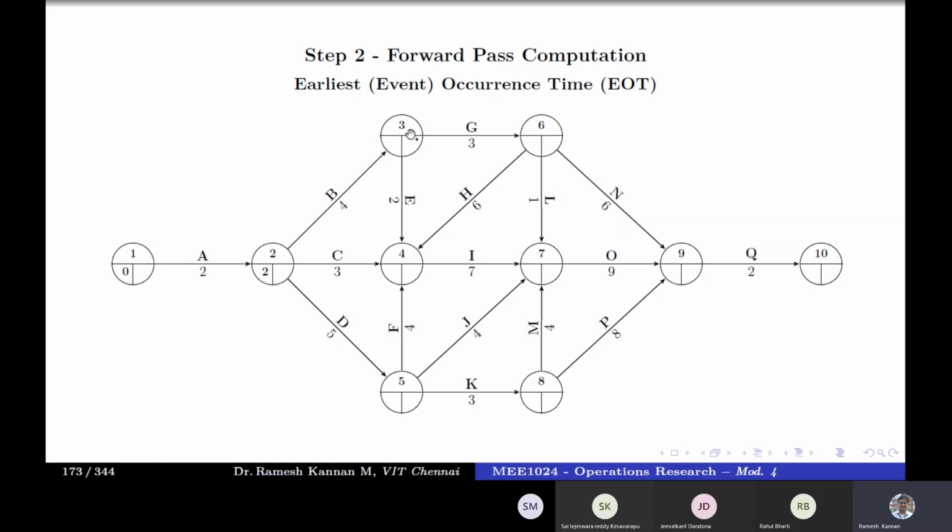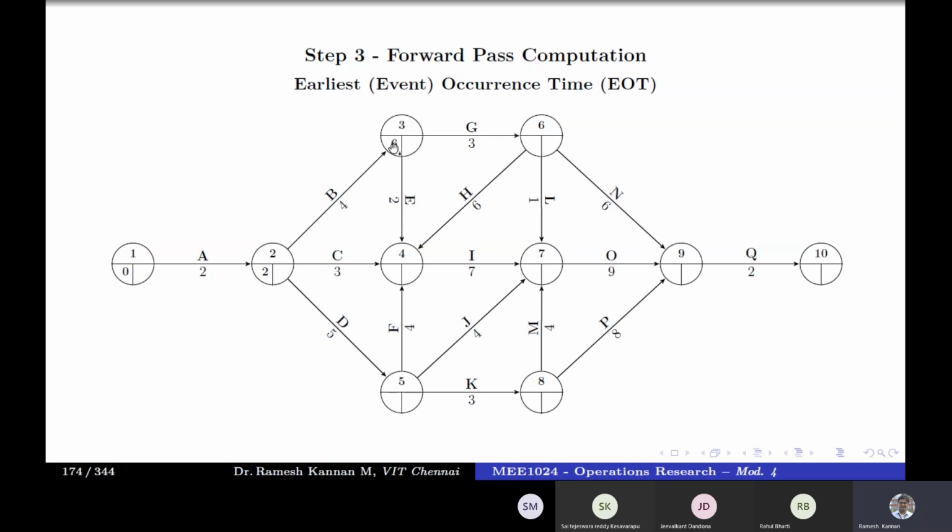The next is to go to event number 3. Event number 3 has to wait for 4 days to finish, but actually it is waiting after activity A. So if you take this 2 to be I and 3 to be J, then EI will be 2 and EJ will be 2 plus 4. That will be 6.